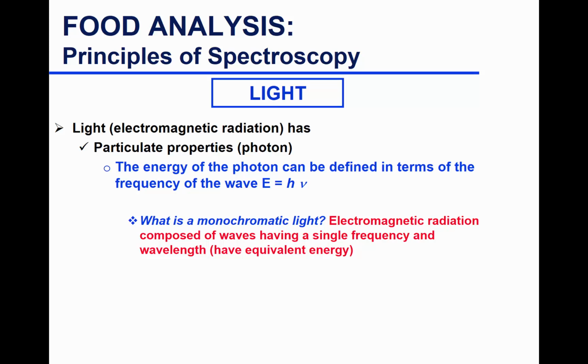So it's electromagnetic radiation composed of waves having a single frequency and wavelength. That's the complete definition of monochromatic light. And having a single frequency means they have equivalent energy.